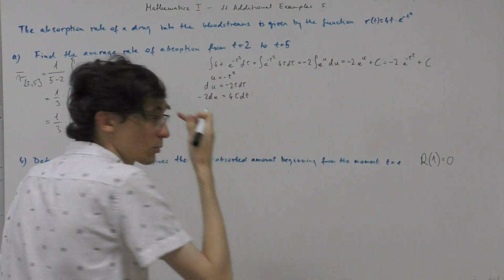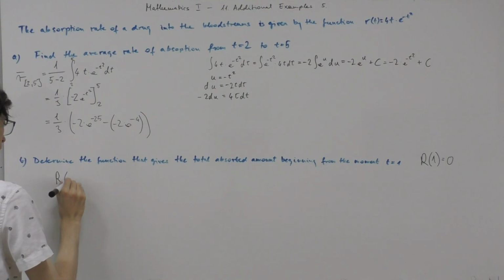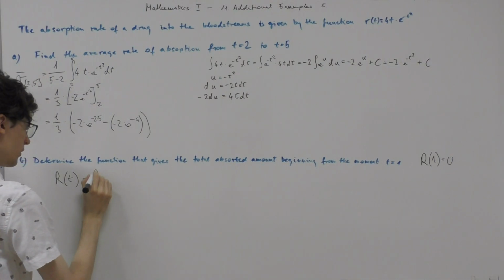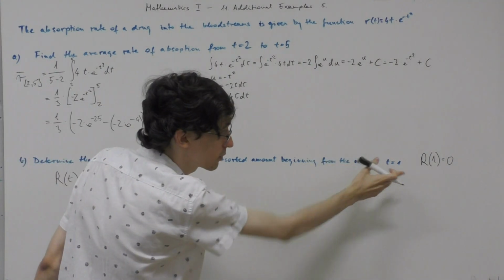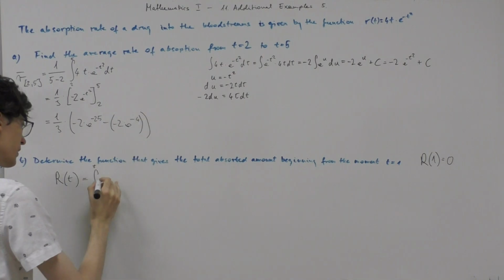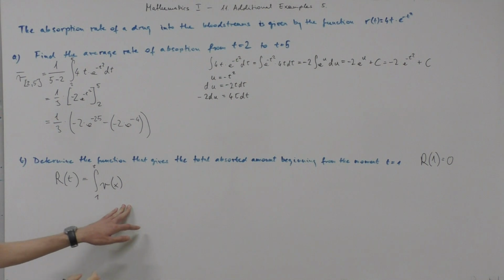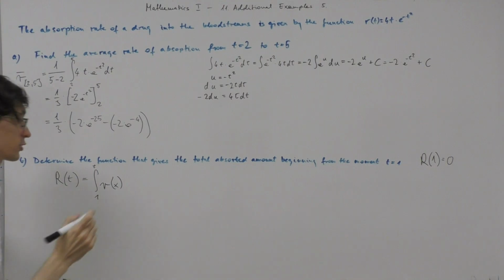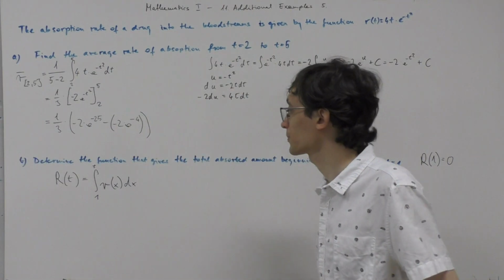And of course, we know that the integral function will be capital R of t, the definite integral from 1, because it must be 0 at 1, to t of our absorption rate, and we will use x here because we already used the letter t in our integral function. So let's finish it with dx.